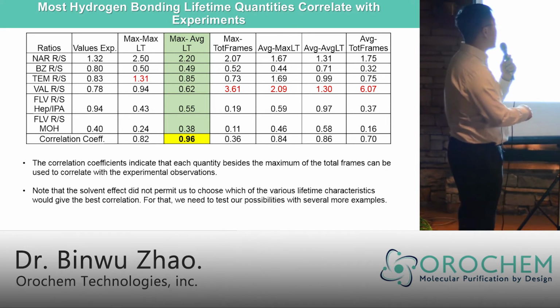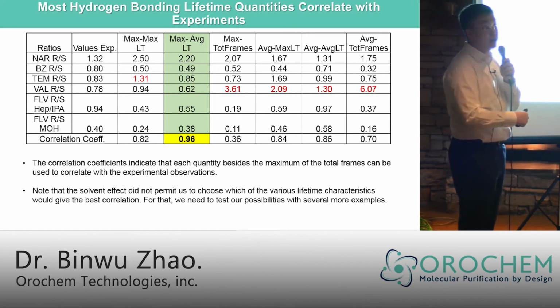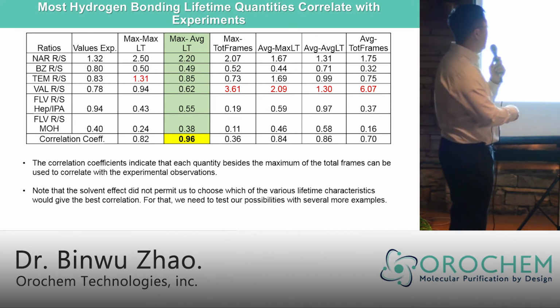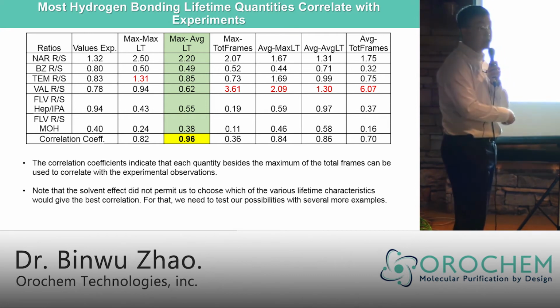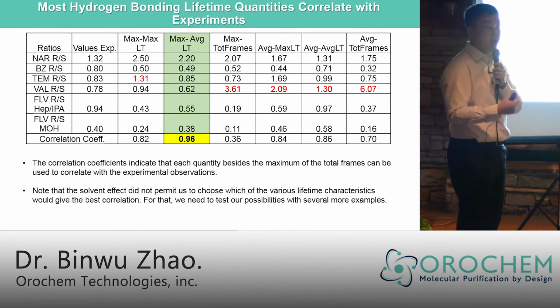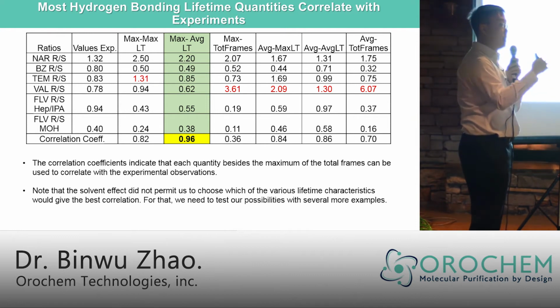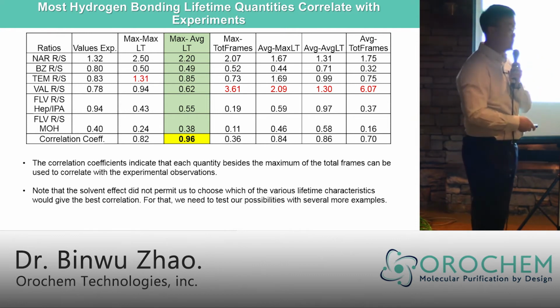And in our case, we have a winner here, which is the maximum of average lifetime, which has a correlation coefficient of 0.96. It also has a 100% success rate on predicting the elution order, which means we can tell if R or S comes out first.